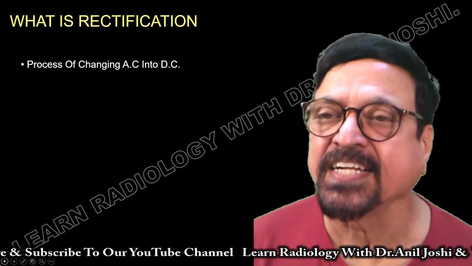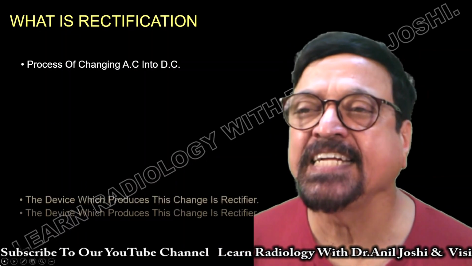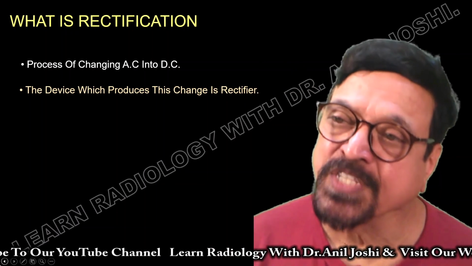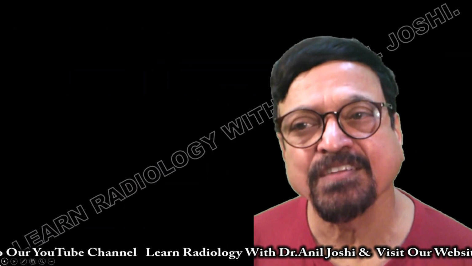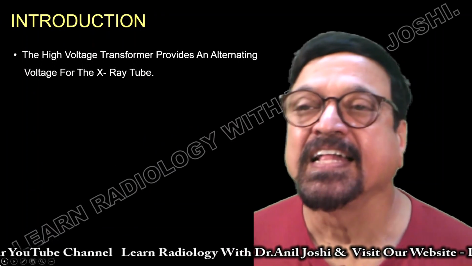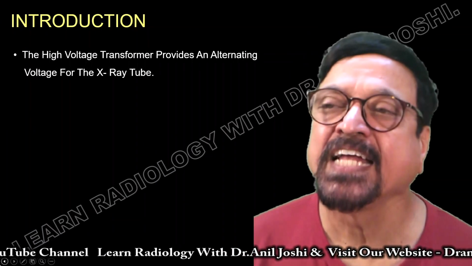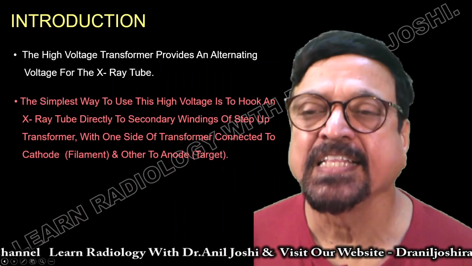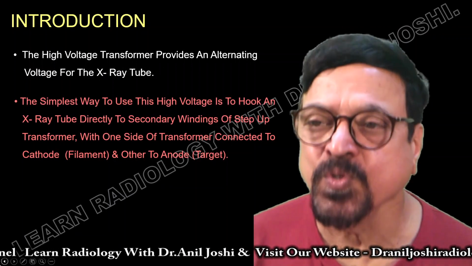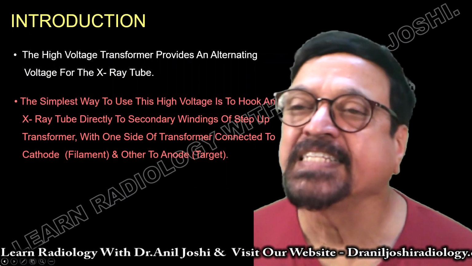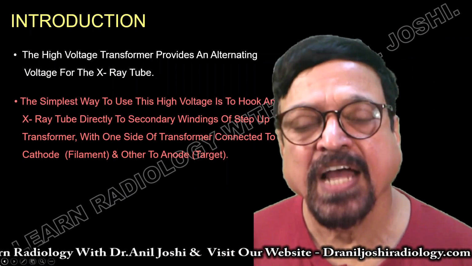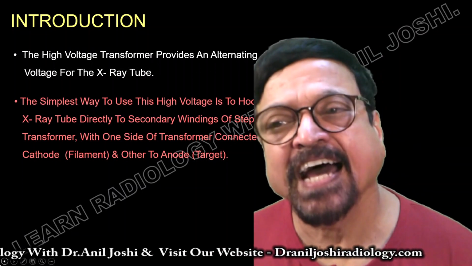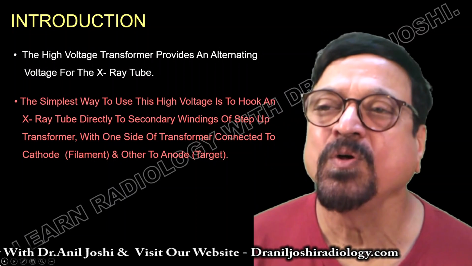What are the rectifiers? The process of changing AC to DC is called rectification. The device which produces this change is called a rectifier. The high voltage transformer provides an alternating or AC voltage to the X-ray tube.